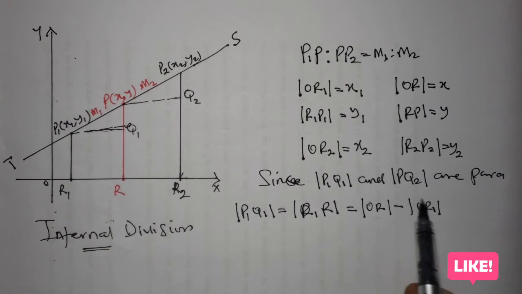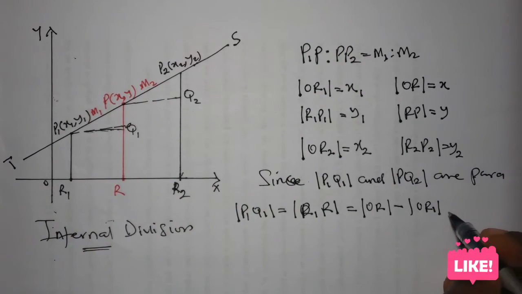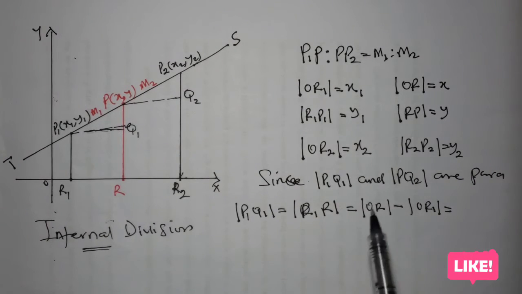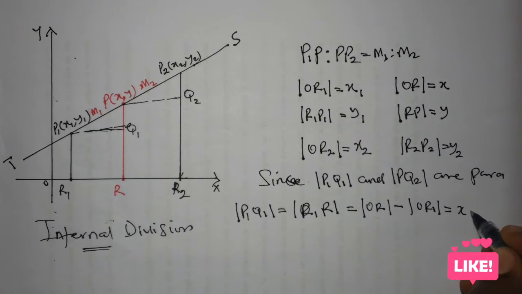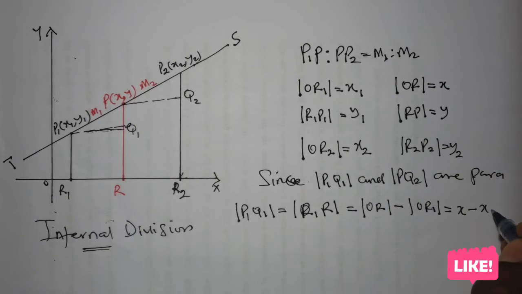If we do the subtraction here, we get line P1Q1. And what is OR? From what we have here, OR is x, minus OR1, which is x1. So with that, we have our first equation, which we shall call equation 1.